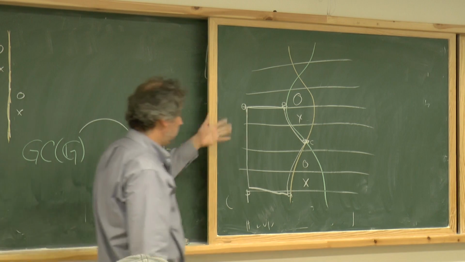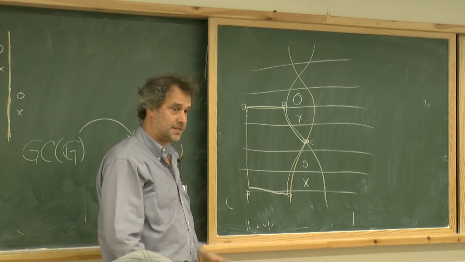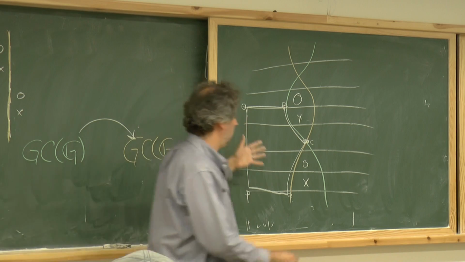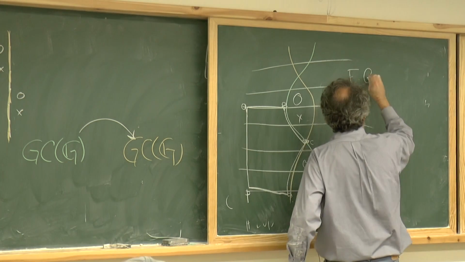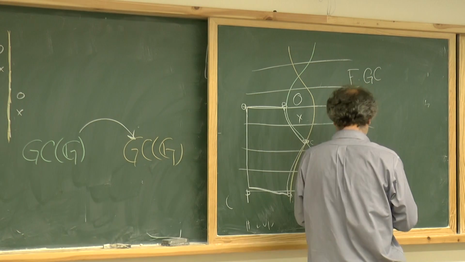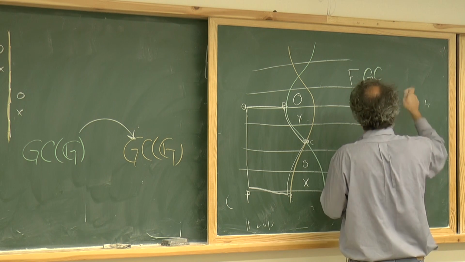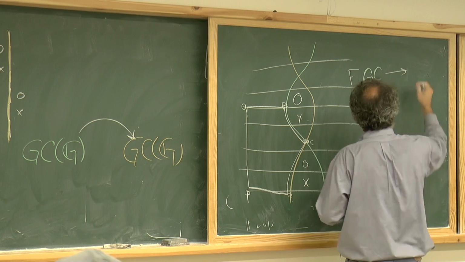So these pentagons give you a way to connect from green grid states to orange grid states. And I'm going to define a map now from the green complex to the orange complex.